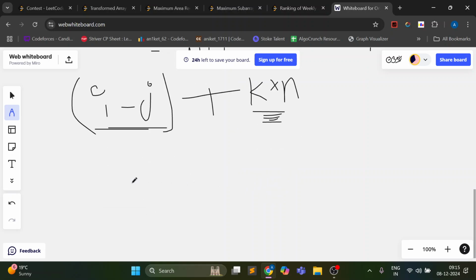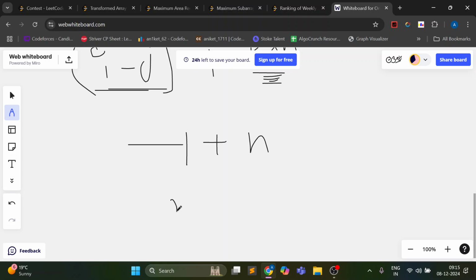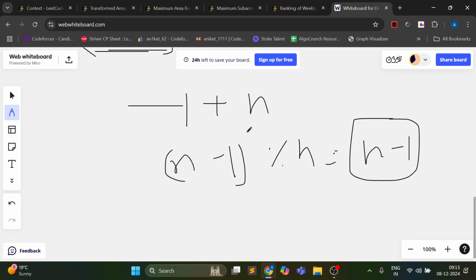So what I'm trying to say is, let's say i minus j becomes minus 1. Now if you add n into it, the sum would become n minus 1. Now you take mod with n, and this would be n minus 1. So minus 1 represents the number before 0, which in the circular case would be n minus 1.